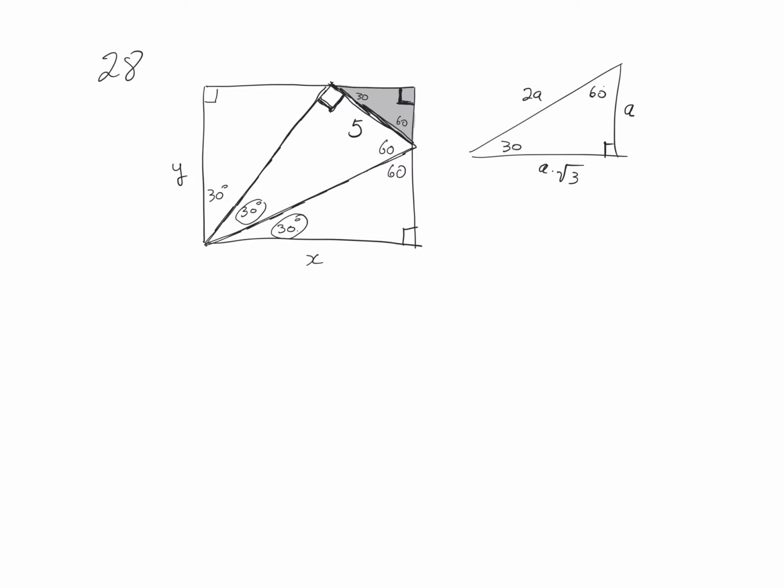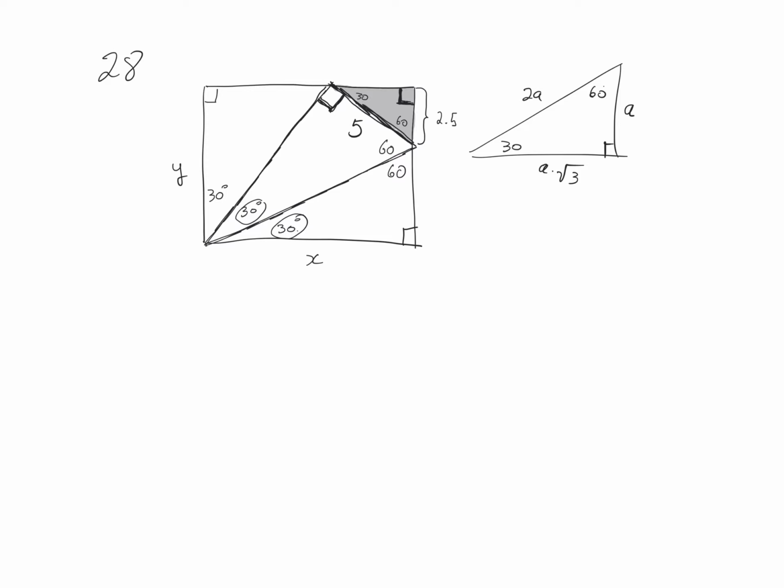So we want to jump from this side, and we want to get this length right here. So that length is simply going to be half. We're going to divide by 2, so this length here is 2.5.